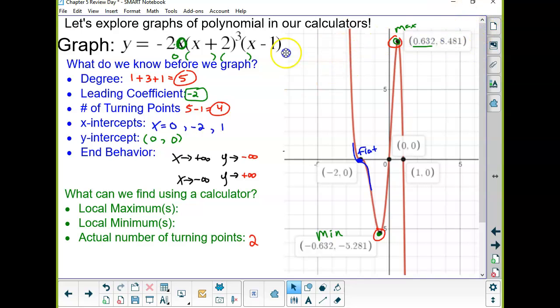Okay, so hopefully the goal here is to say, you know what, you can use your calculator to help you find maxes and mins, zeros, and confirm end behavior. The nice thing is our test doesn't really have you do much with your calculator, but moving forward, knowing these skills will help you out at all levels of mathematics.